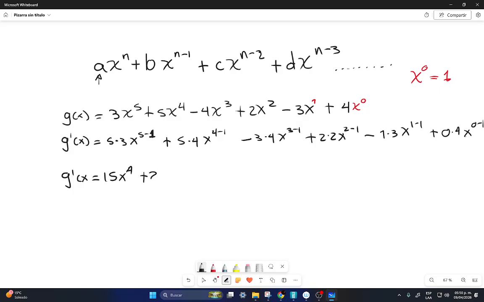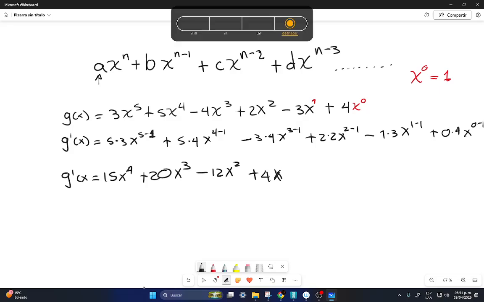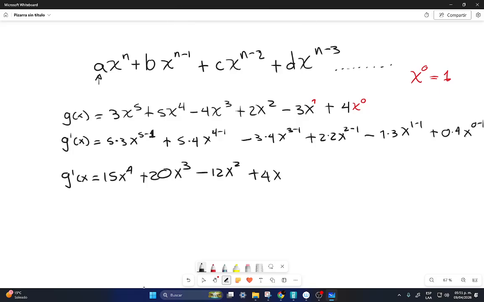Plus 5 times 4 is 20, x, and 4 minus 1 is 3. Minus 3 times 4 is 12, x, 3 minus 1 is 2. Plus 2 times 2 is 4, x, 2 minus 1 is 1. So I'm not going to write the exponent because it's not necessary. And you have to get used to using proper notation.